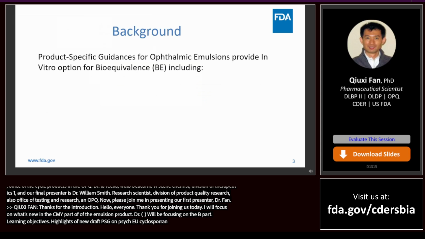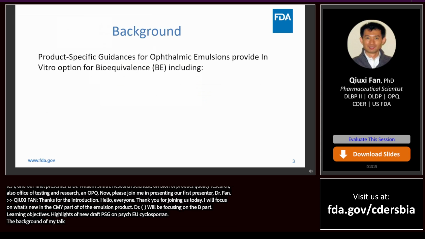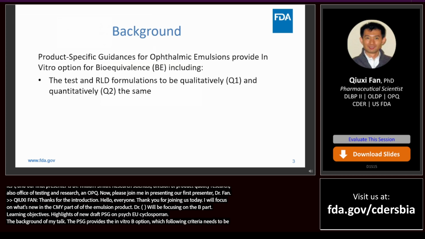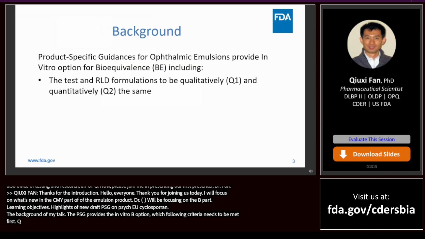The background of my talk. The PSG provides the in vitro BE option, for which the following criteria need to be met. First, Q1, Q2 sameness, which is the test and RLD formulations to be qualitatively and quantitatively the same.